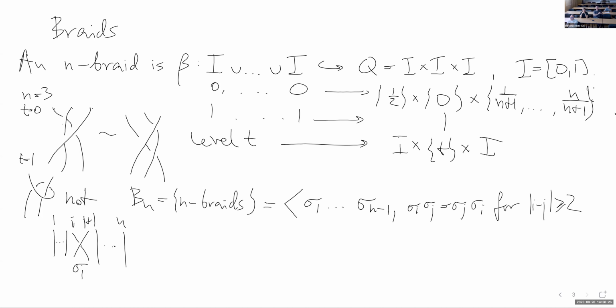And then there's this extra relation which says sigma i, sigma i plus 1, sigma i equals sigma i plus 1, sigma i, sigma i plus 1. One can prove that these are the generators straightforwardly, because every braid can be composed of elementary crossings. But the fact that this is a complete presentation perhaps is less trivial.